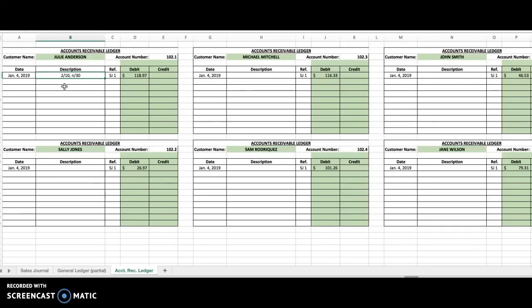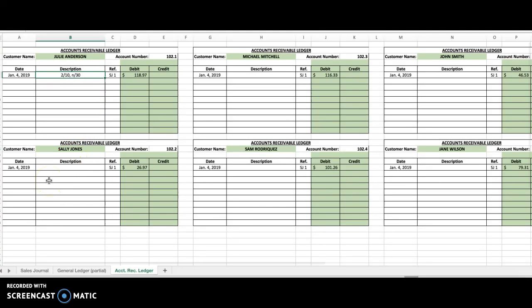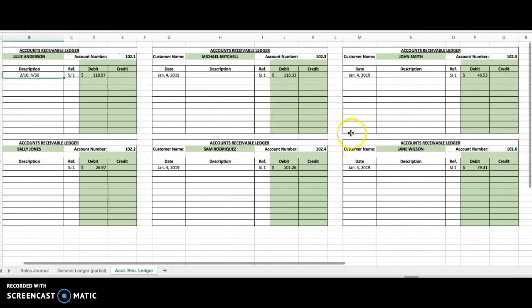It's a reminder to the bookkeeper or the accountant that this customer is offered terms. Now, it would not necessarily mean that Sally Jones or any other of the customers were offered the same discounts. It may depend on the customer, may be something that we offer to everybody. But this is where we could show it to keep track of that. The other thing I want to point out is these are typically in numerical order.